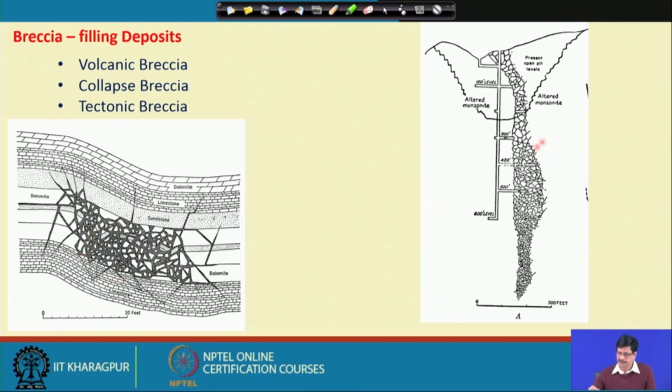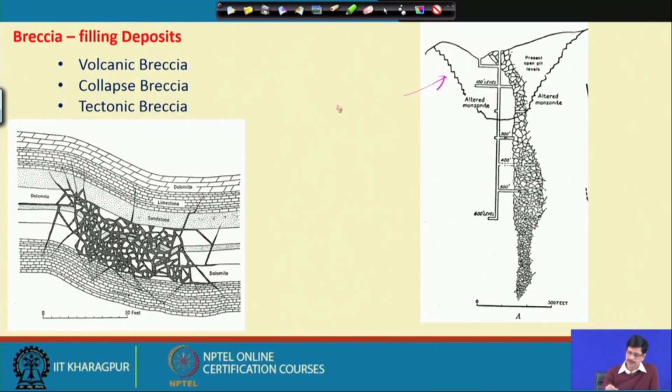This also represents a very interesting situation, a breccia pipe type of situation, where this outline indicates that this particular deposit has been worked out by a method of mining which is basically shown here.